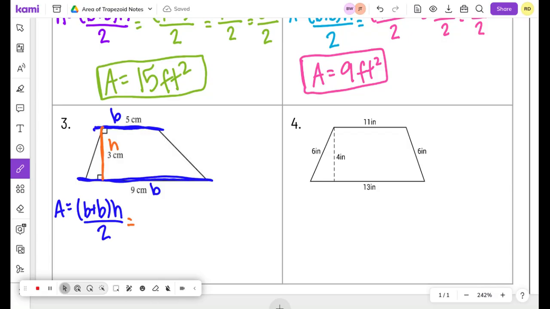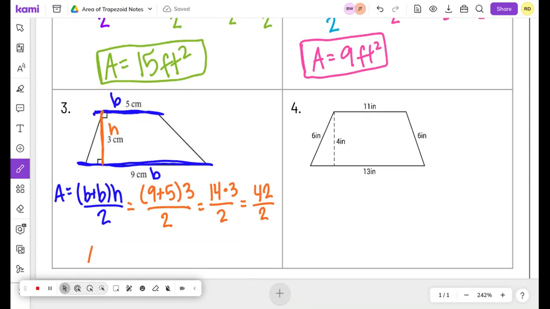So now we're going to plug in and solve. 9 plus 5 times 3 divided by 2. 9 plus 5 is 14 times 3 divided by 2. 14 times 3 is 42. 42 divided by 2 means the area of this trapezoid is 21 centimeters squared.